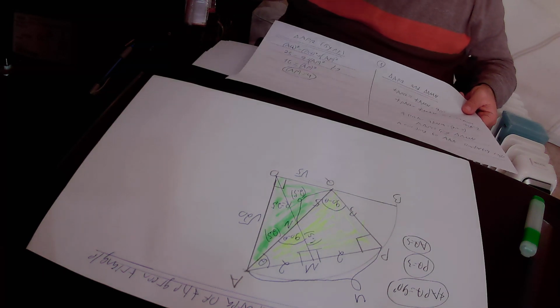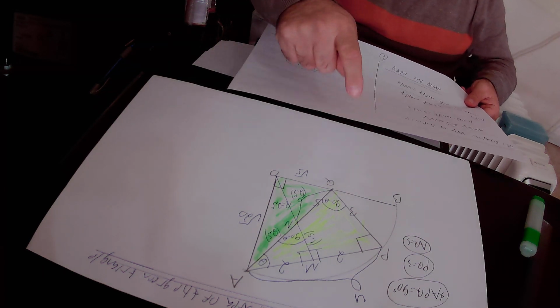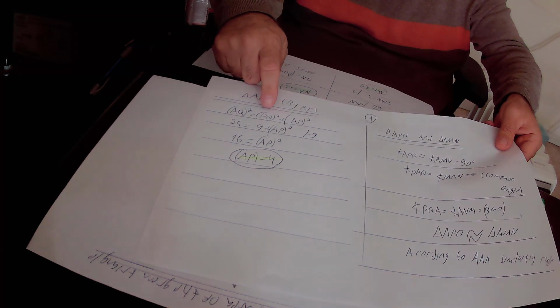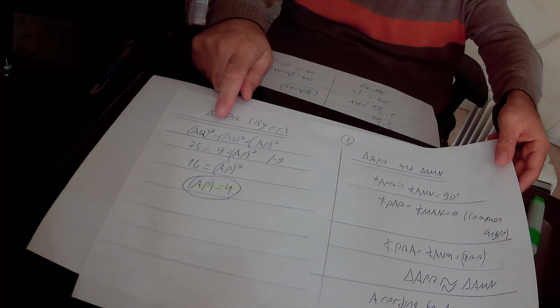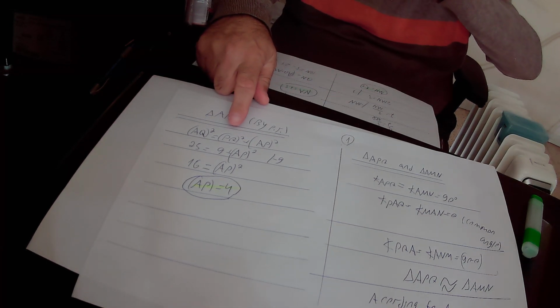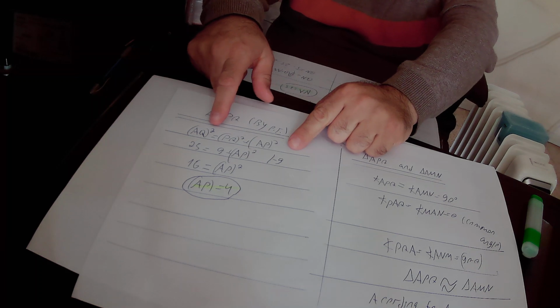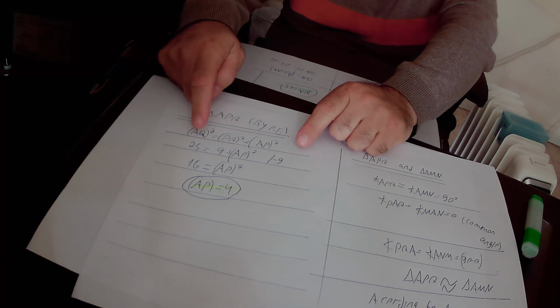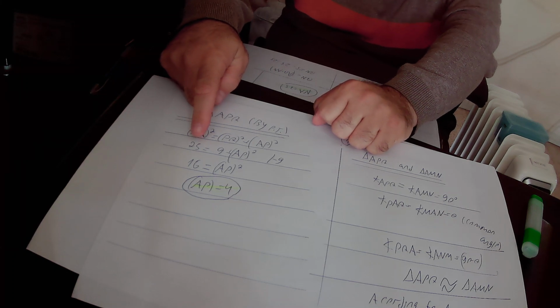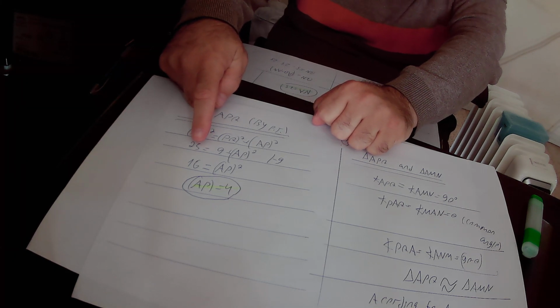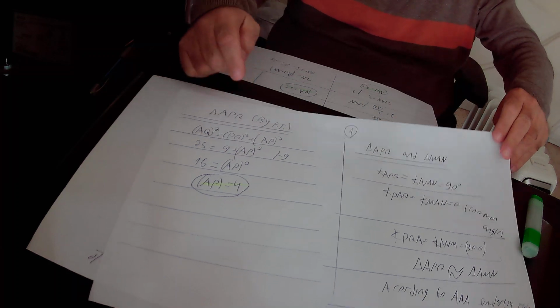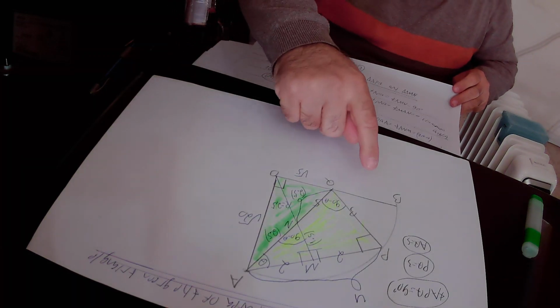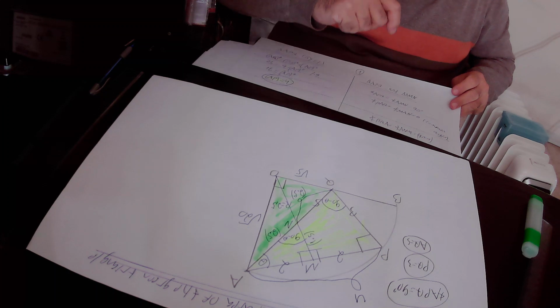PQ equals 3 units, therefore PQ squared equals 9, plus AP squared. So 25 equals 9 plus AP squared. We subtracted 9 and found that 25 minus 9 is 16, which equals AP squared. Taking the root, AP equals the square root of 16, that is 4. So AP equals 4 units in length.